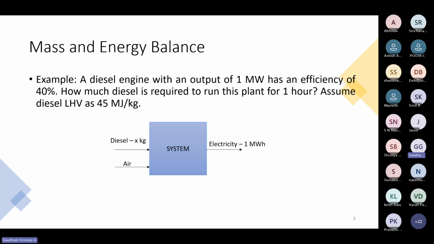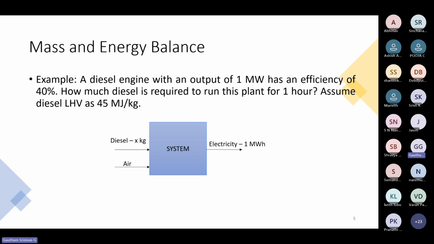So at the inlet, you have given 45 megajoules, but at the outlet, you are getting only 18 megajoules. Now, the second part of this question: for 1 kg of diesel, you are getting 18 megajoules of electricity outside.